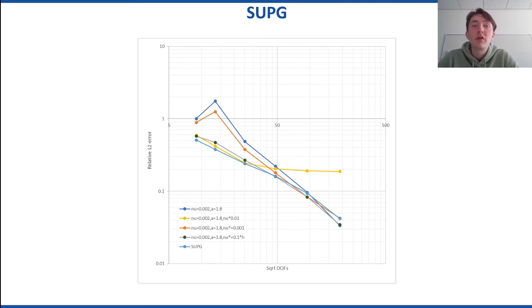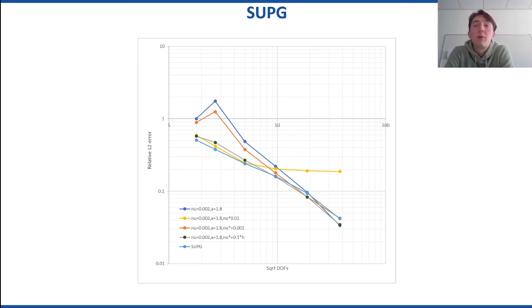Going from artificial diffusion to streamline artificial diffusion to variationally consistent streamline artificial diffusion, and that's Streamline Upwind Petrov-Galerkin. Now I can almost not overstate how important this method was. This was proposed somewhere in the 1980s, and this was really the method that made finite element technology applicable for fluid mechanics applications.